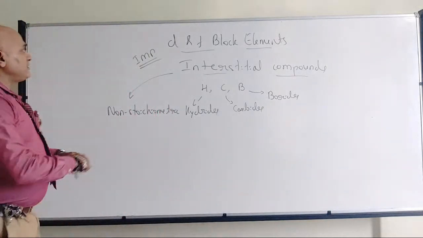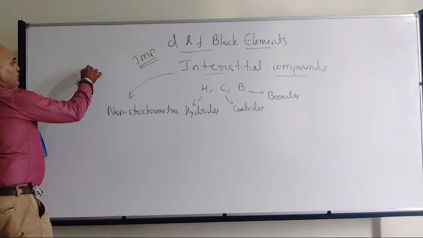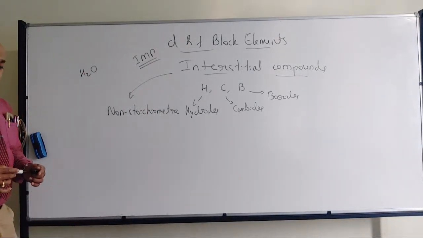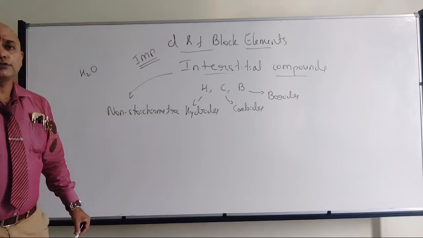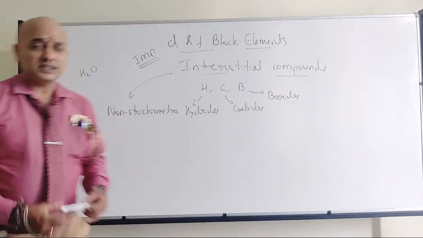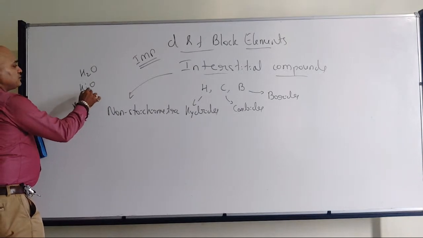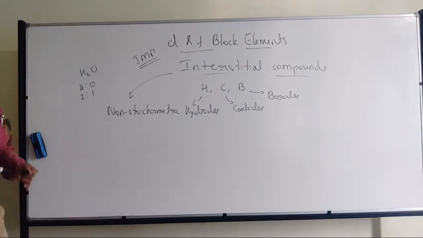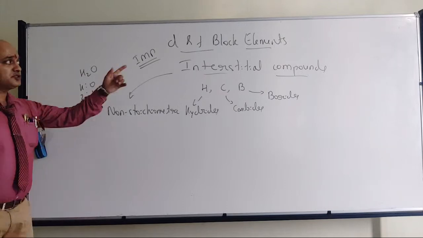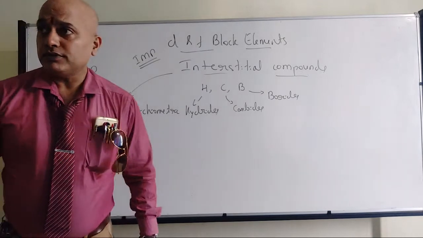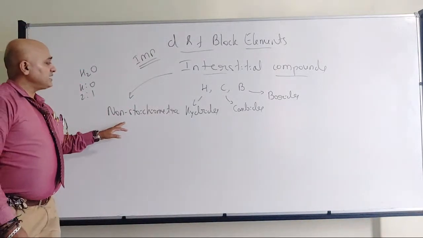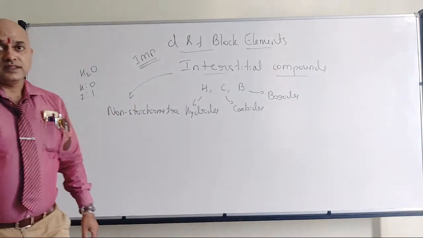For example, if I tell H2O, now I can tell that 2 of hydrogen, 1 of oxygen. The ratio of hydrogen to oxygen here is 2:1. So that cannot be defined when it comes to interstitial compounds. So therefore it is called as non-stoichiometric.